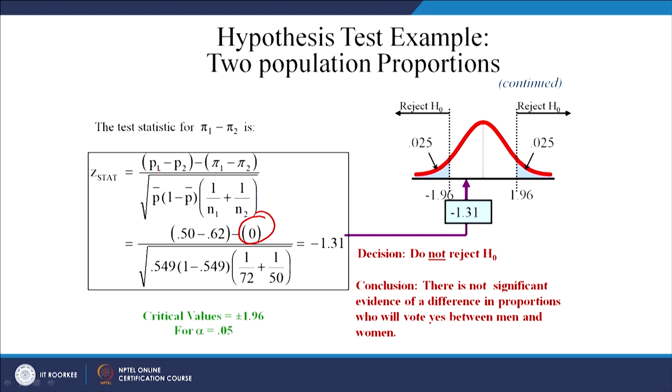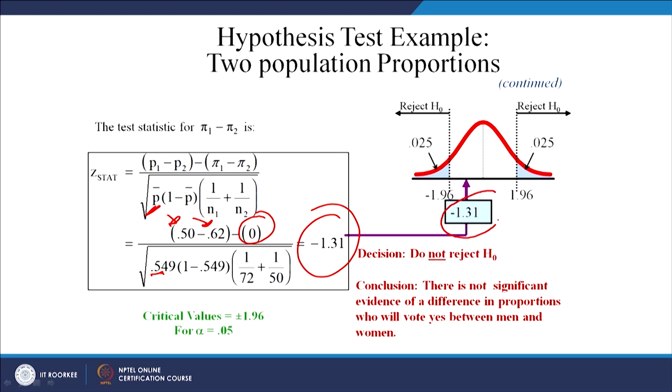So, P1 minus P2 is given over here, this is what you calculated, pooled proportion 0.549, and this is how you will be getting Z statistics, which is minus 1.31, right.